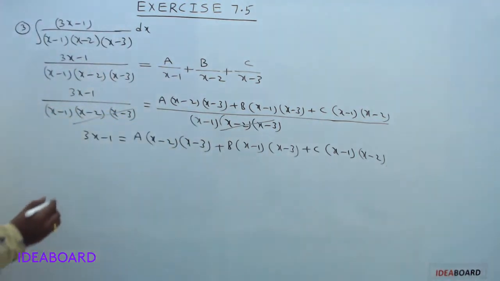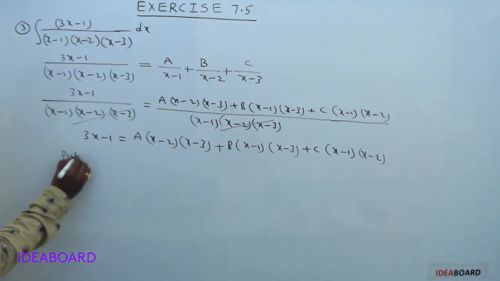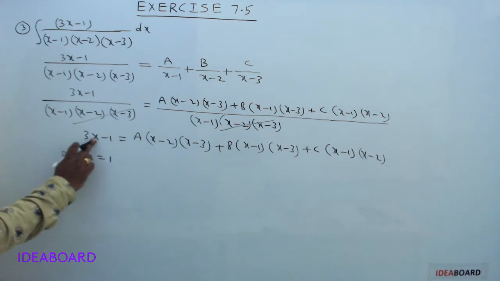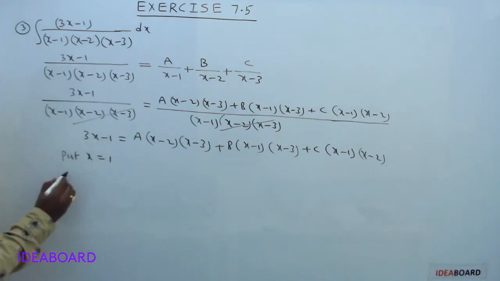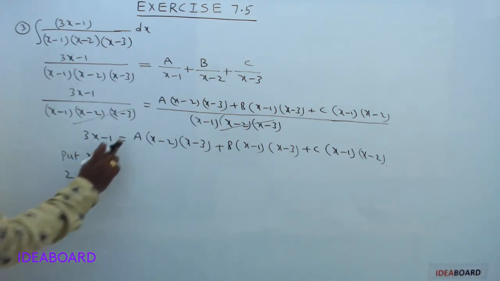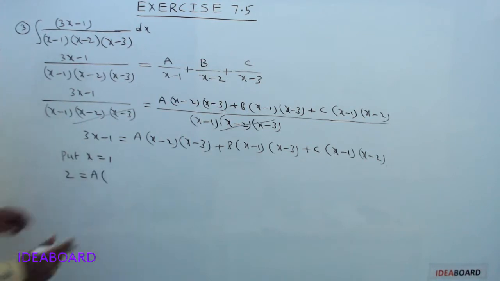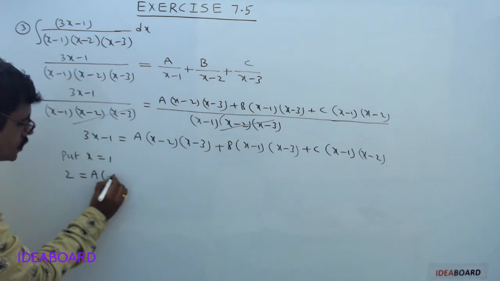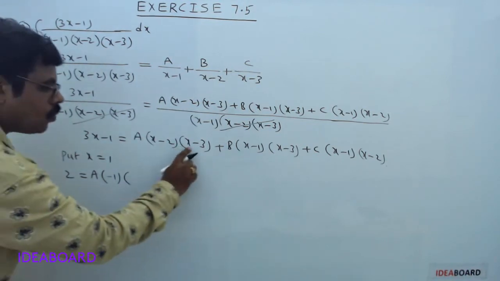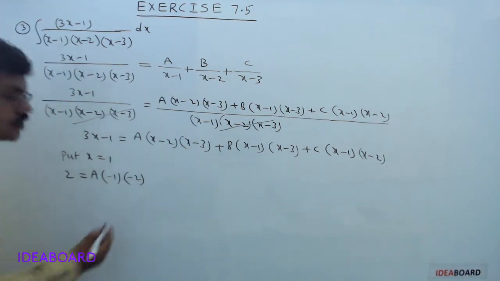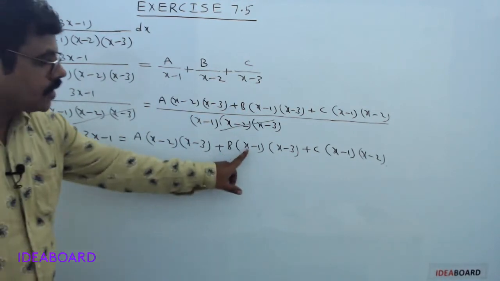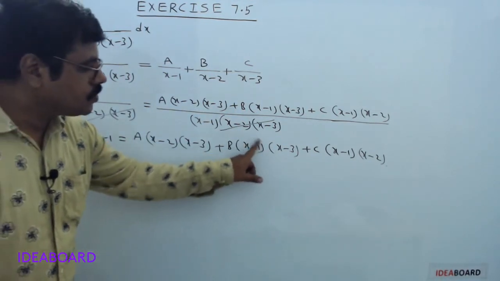Now put x equal to 1. In the left hand side, write down x value 1. So 3 into 1, 3. 3 minus 1, 2 equals A into (1 minus 2), which is minus 1, into (1 minus 3), minus 2, plus B into, by substituting x equal to 1, (1 minus 1) is 0.